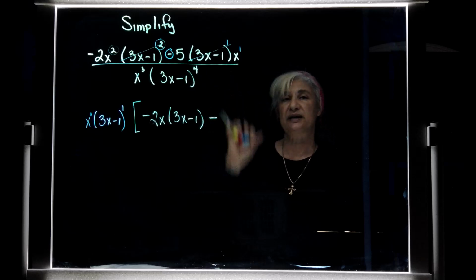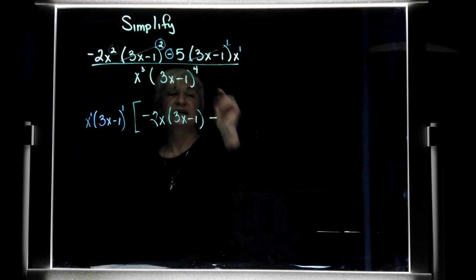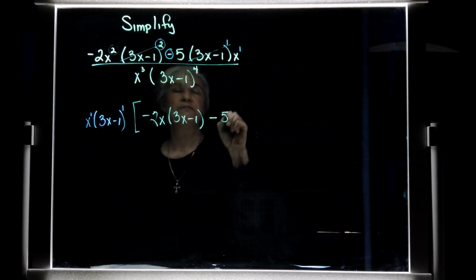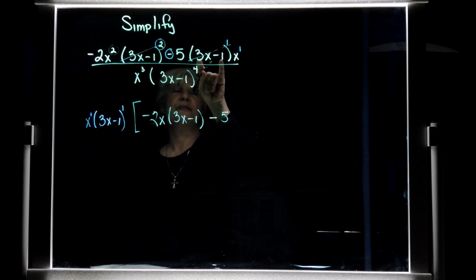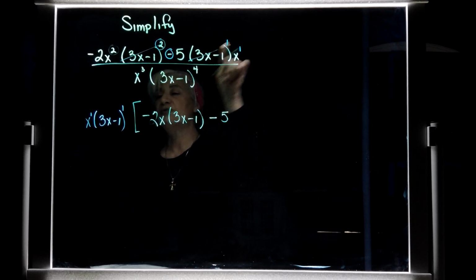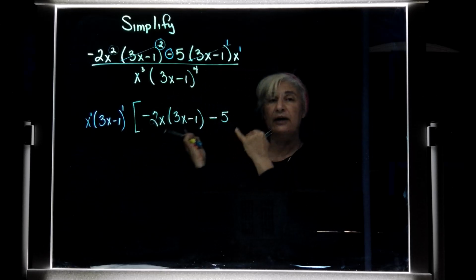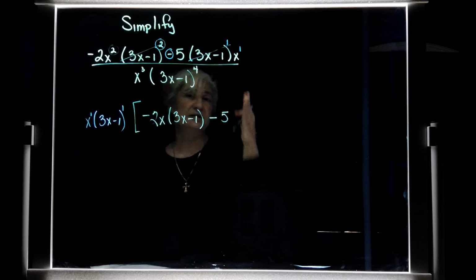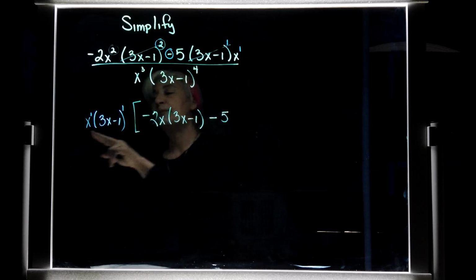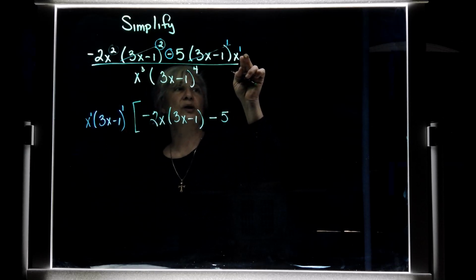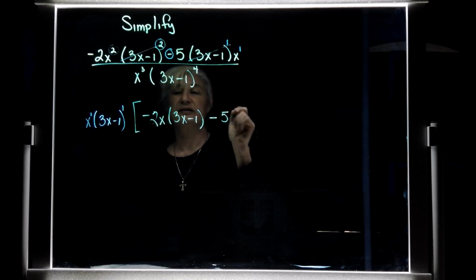And now I'm on to the second term. So the 5 isn't being factored out. 3x minus 1, this parenthesis is to the power of 1. Well, I'm taking its only parenthesis, so out it goes, nothing left of the parentheses in term 2. And I'm also taking an x out to the power of 1, so there's no x's left there.